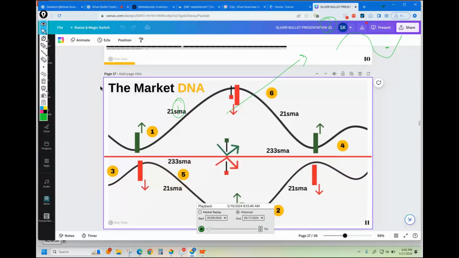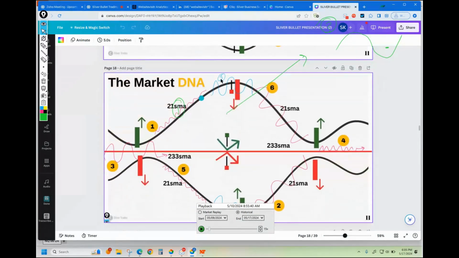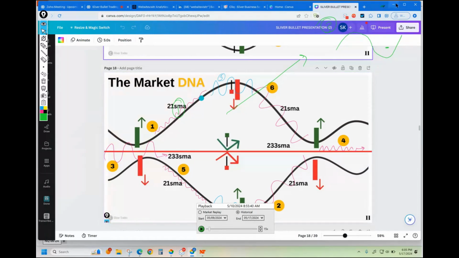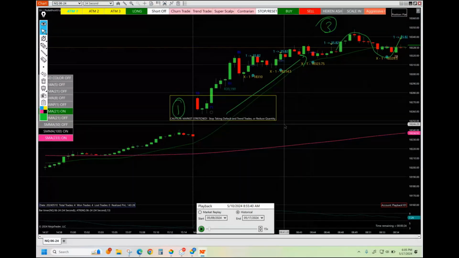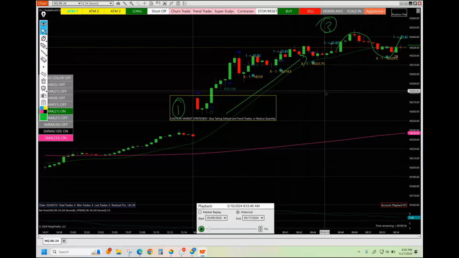Market condition number 1 to market condition number 3 probably. Yes, this is 3. So it is in a transition phase. We don't know. It only made one swing so far. We will know if it makes one more swing. So let's see.